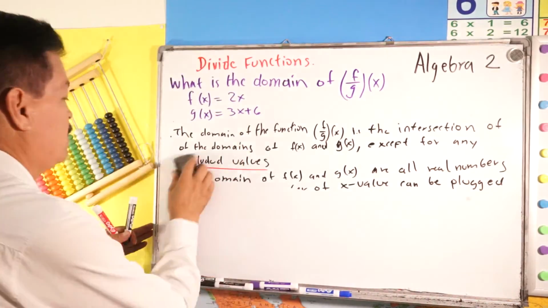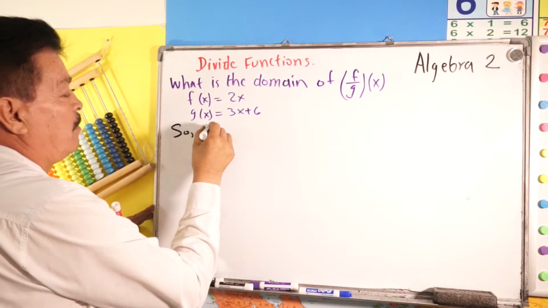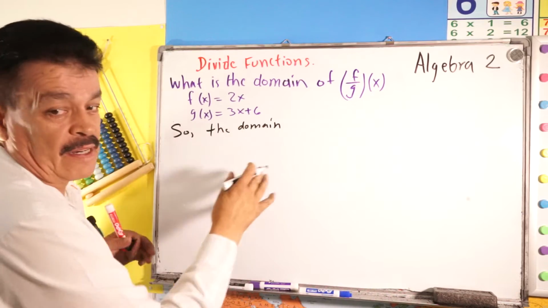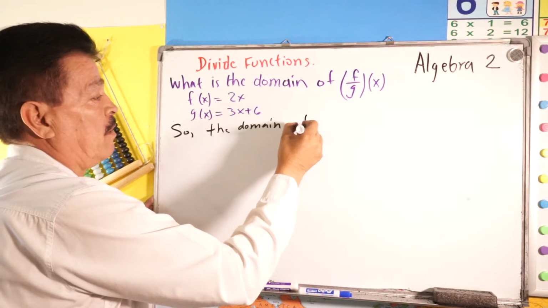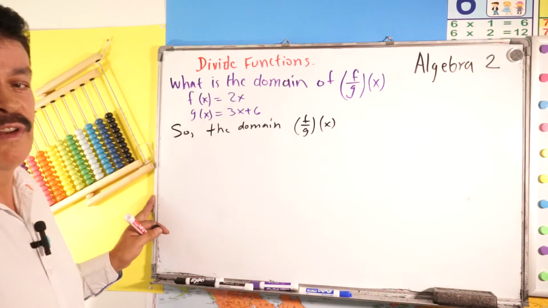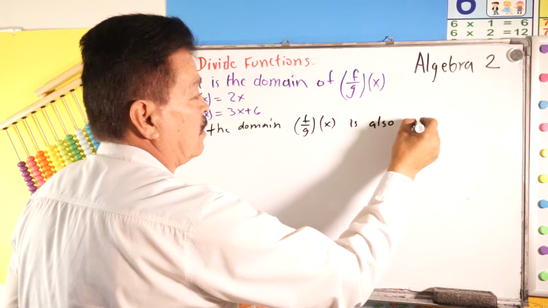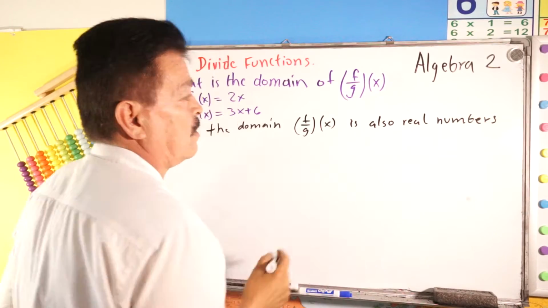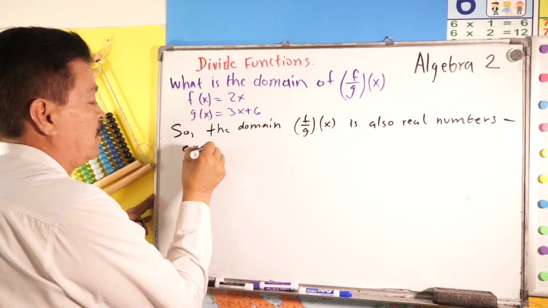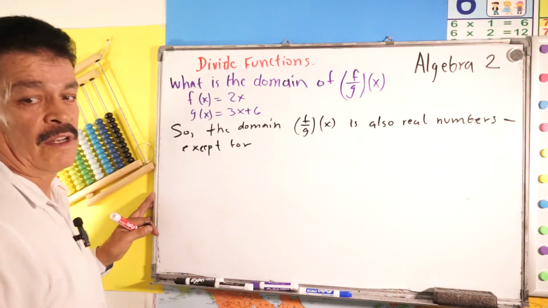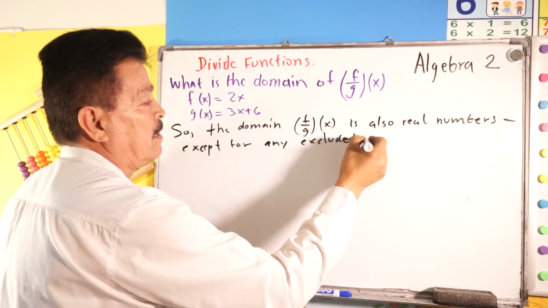So the domain of f divided by g of x is also all real numbers, except for any excluded values.